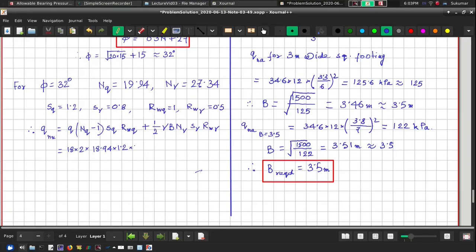WQ is 1 plus half of 18 into 3.5 into N gamma. N gamma is 27.34 into S gamma is 0.8 and RW gamma is 0.5.